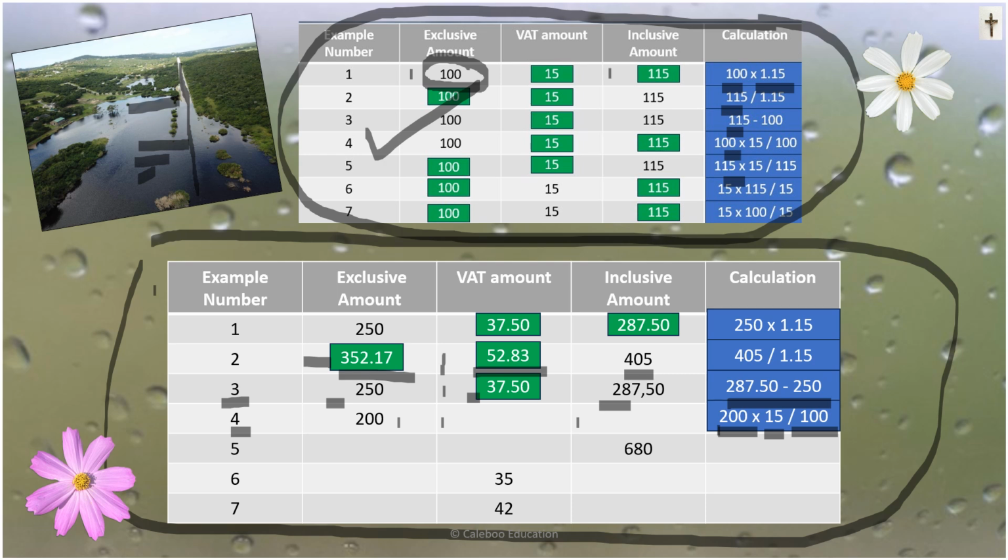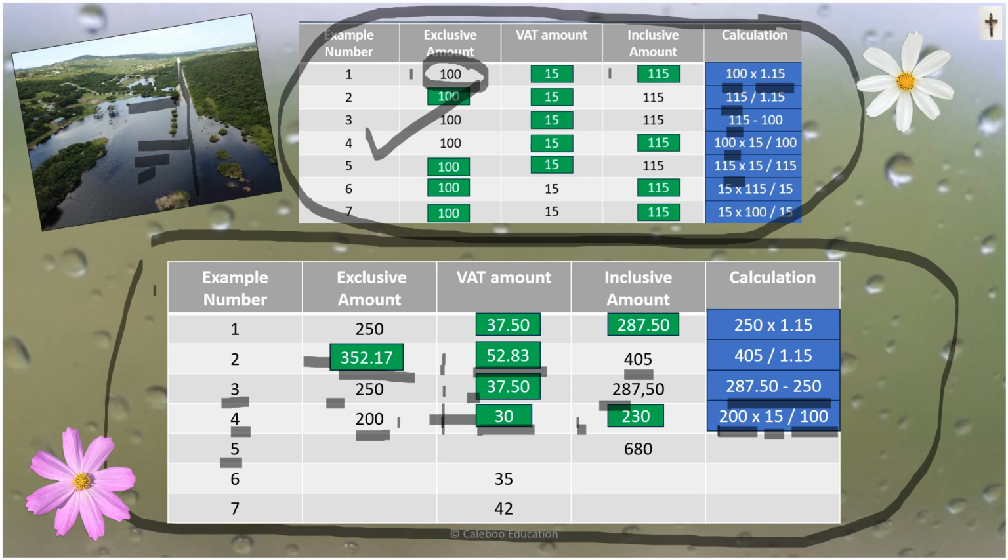You will get the same answer as saying 200 times 15 divided by 100. And the answer is 30. So the VAT on 200 Rand at 15% is 30. So what will the inclusive amount be? 200 plus 30, which is 230.